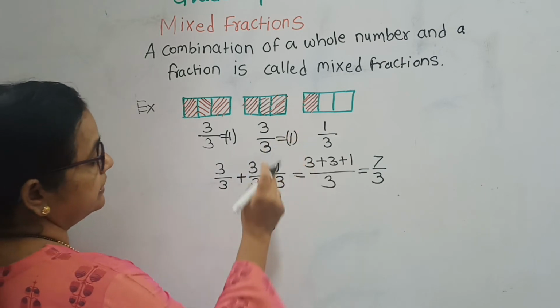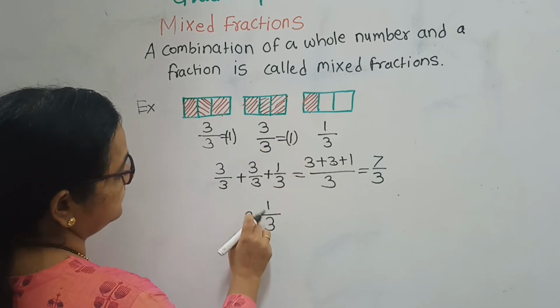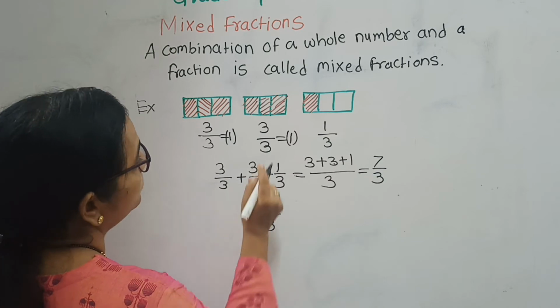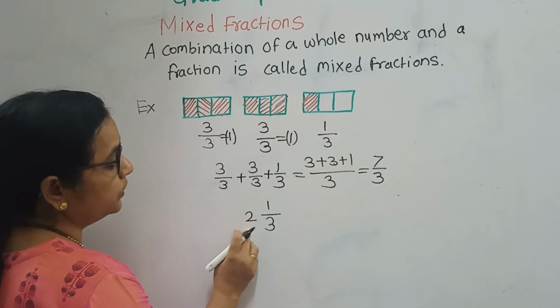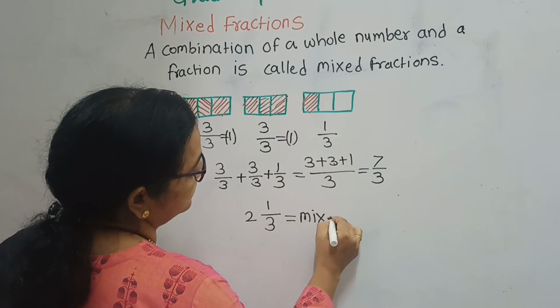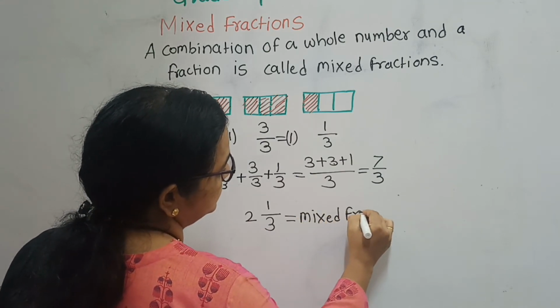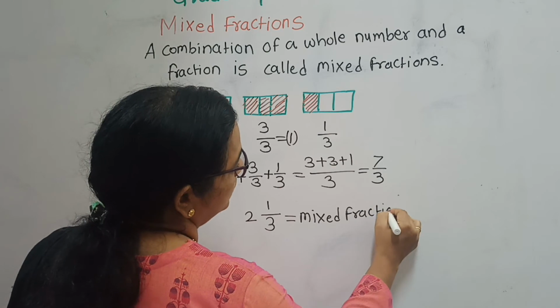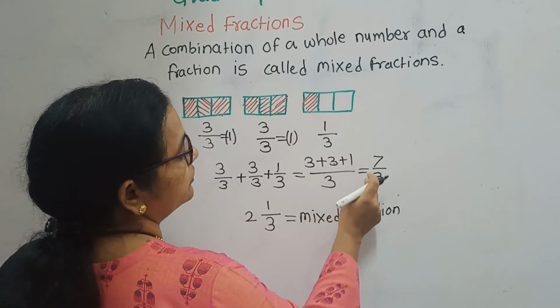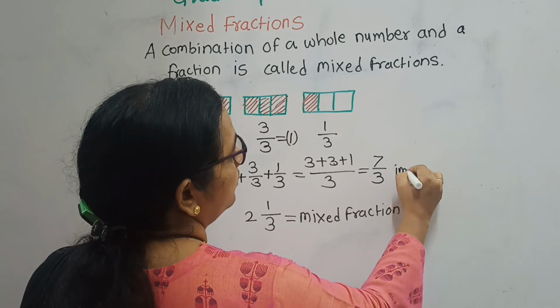Now here the fraction is 2 whole and 1/3. This 2 whole and 1/3 is called a mixed fraction. Understand children? This is a mixed fraction, and 7/3 is an improper fraction.